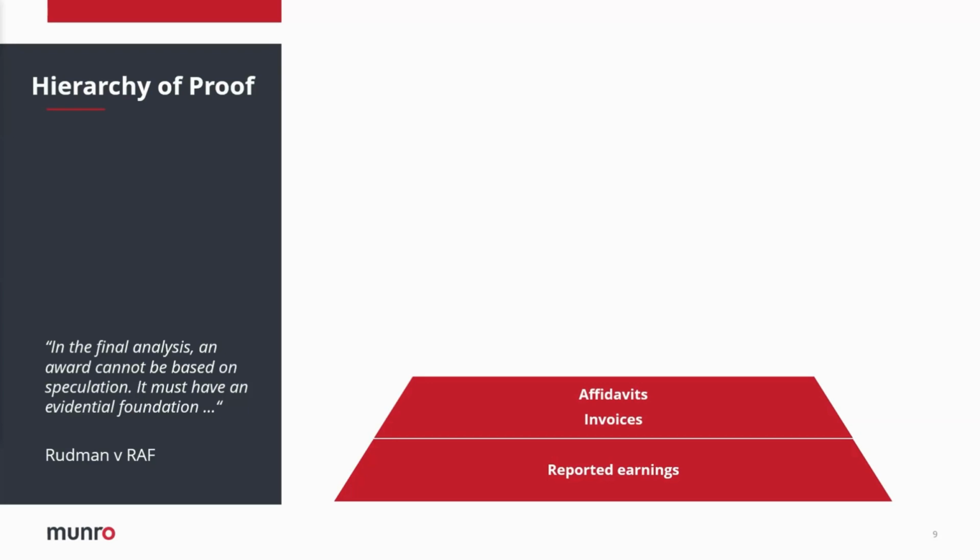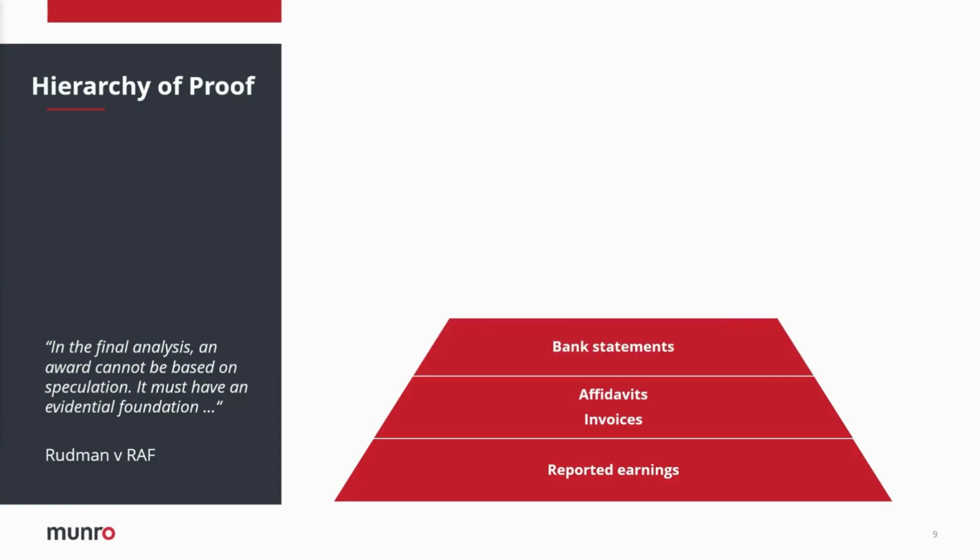Invoices are also valuable. Obviously, anybody can sit behind a computer and just put together an invoice, but still it is better than nothing. Bank statements are valuable. A bank statement doesn't tell us the income, but at least again it shows that money goes into a bank account.